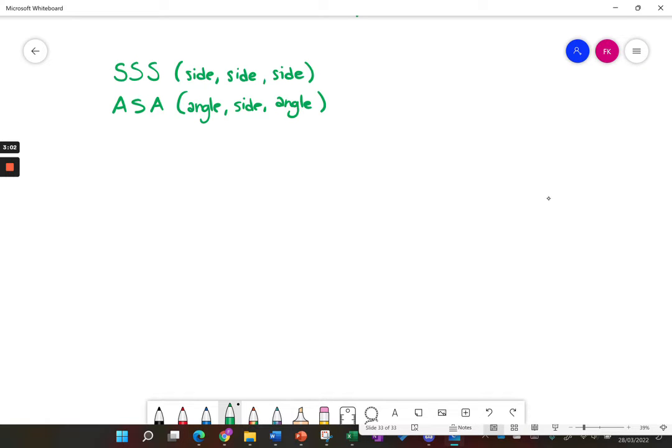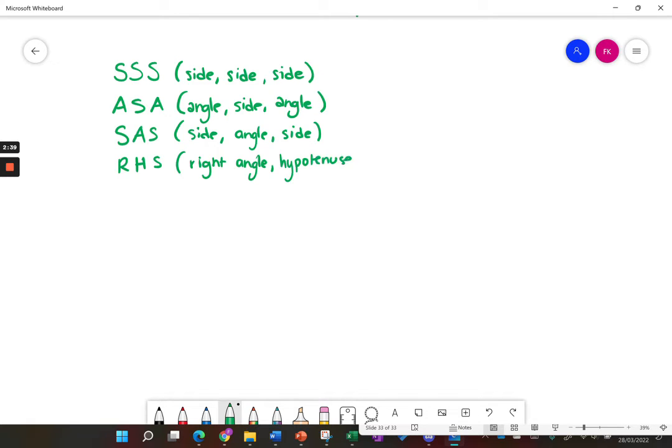Then you have SAS, so again, side, angle, side. And then you have something called RHS, which is slightly different, which is right angle, hypotenuse, side. And what these basically mean are the things that you need to look out for in a triangle to make sure they're the same.